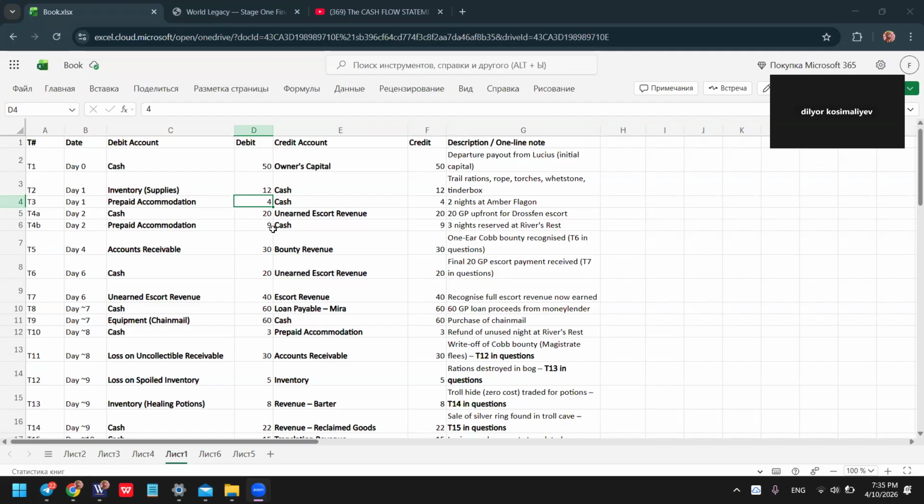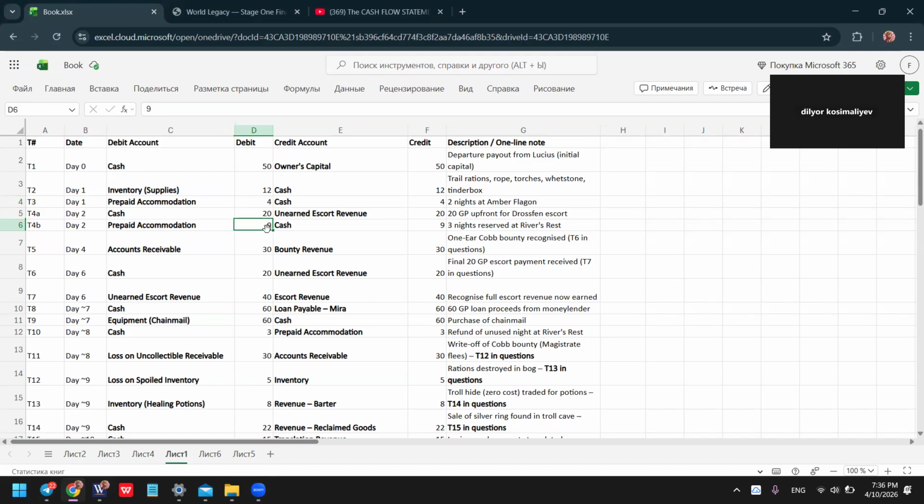So the income statement only cares about how many days she stayed, and in the cash flow we track how much money she paid as a prepaid expense. So firstly she paid prepaid 4, and then she didn't stay there and she left here.